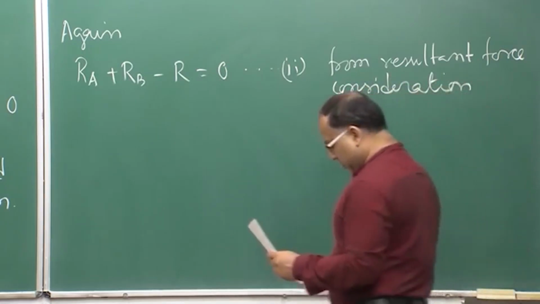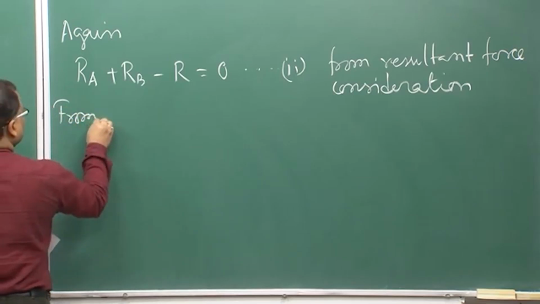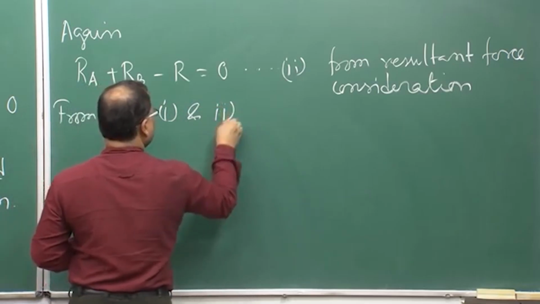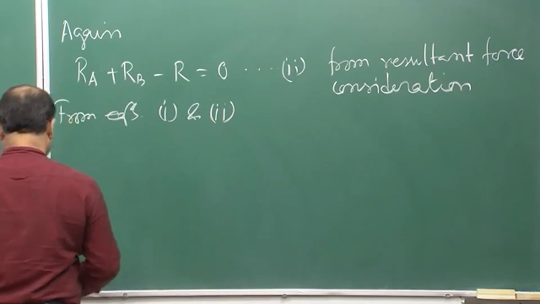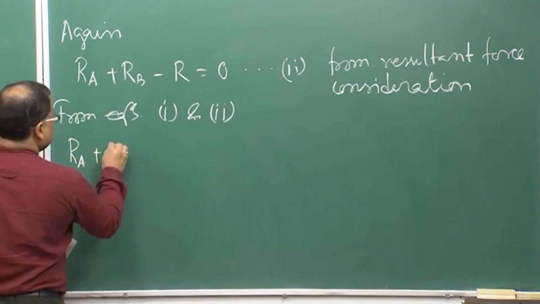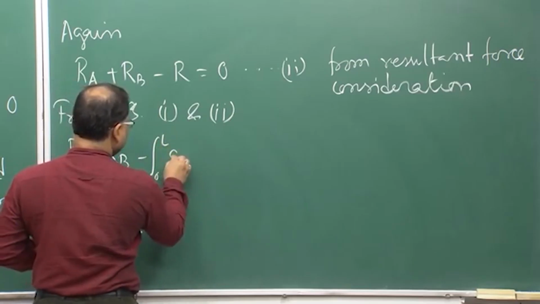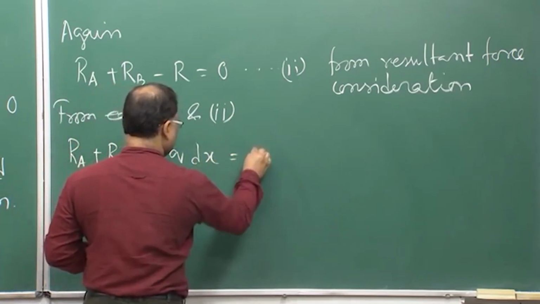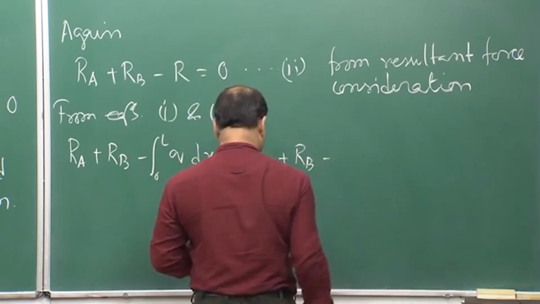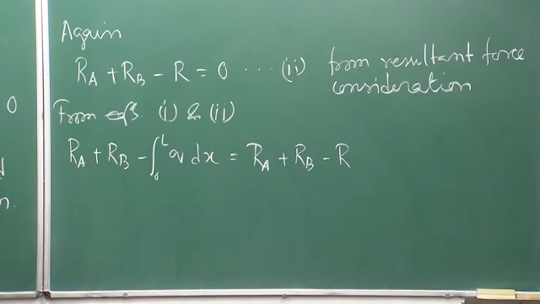This is equation 2. So, from equation 1 and 2, what can I write? RA plus RB minus integral 0 to L of q dx is equal to RA plus RB minus R, because both must give me the same effect.